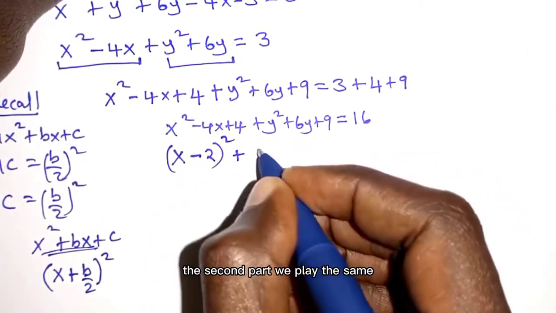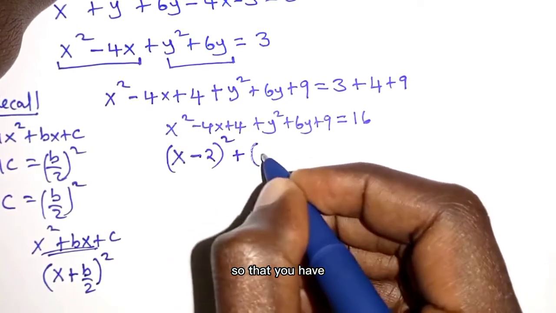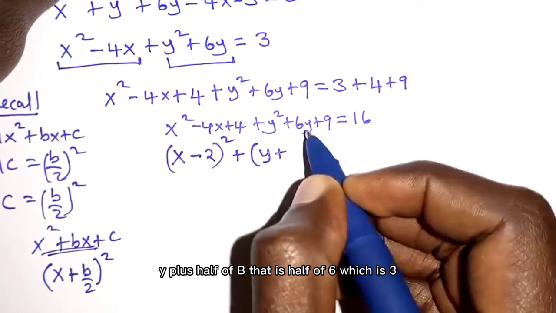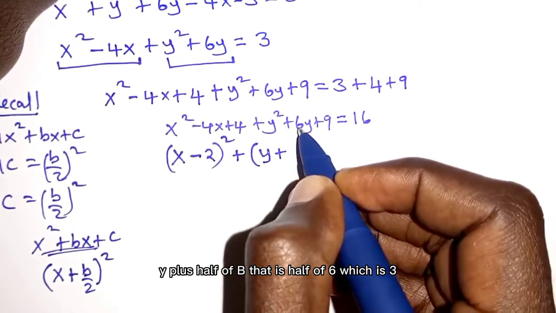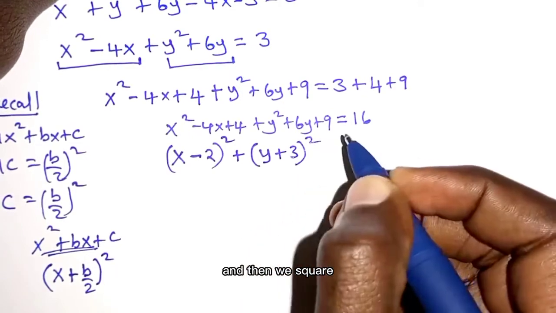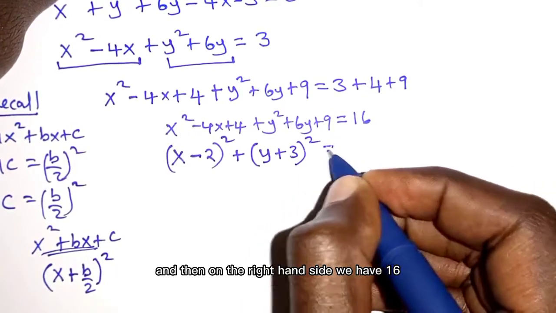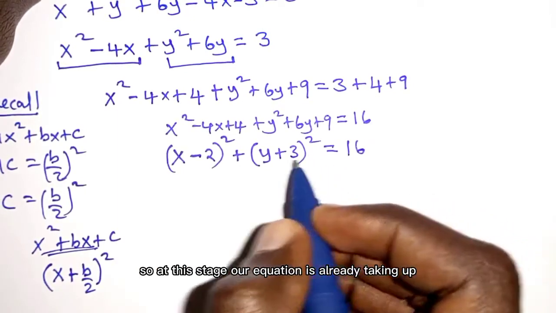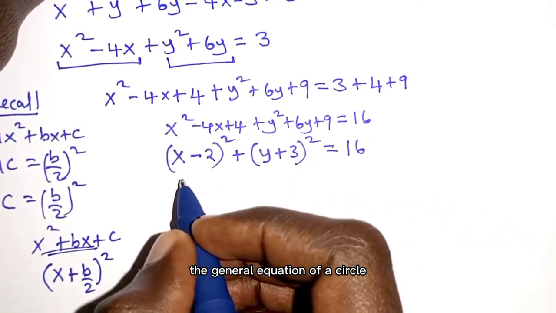The second part, we apply the same so that we have y plus a half of b, that is a half of 6, which is 3. And then we square. And then on the right hand side, we have 16. So at this stage, our equation is already taking up the general equation of a circle.